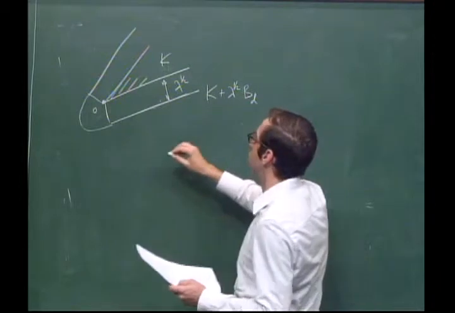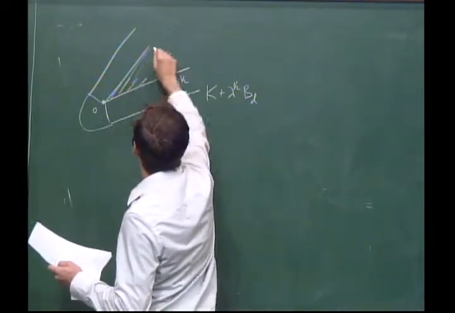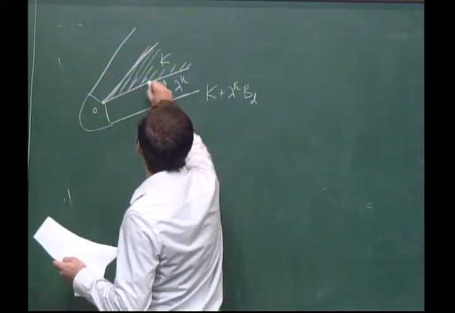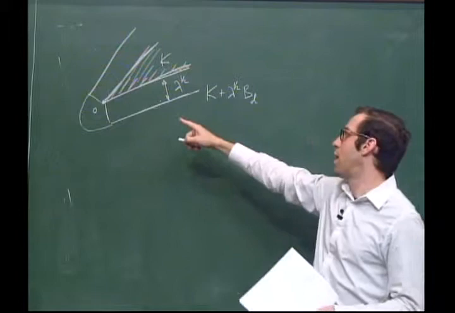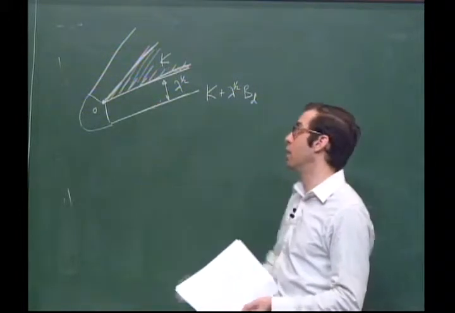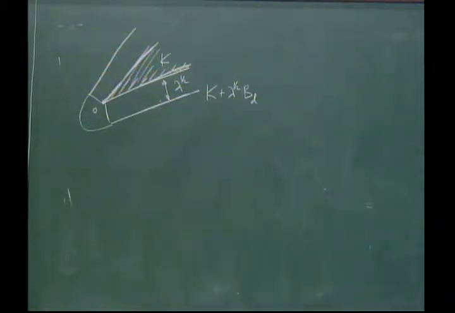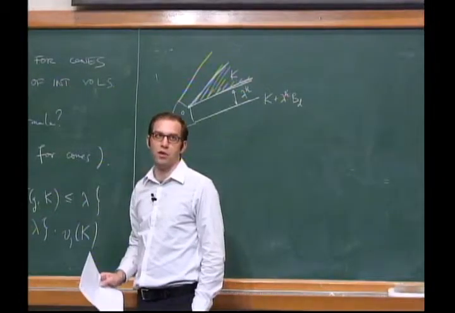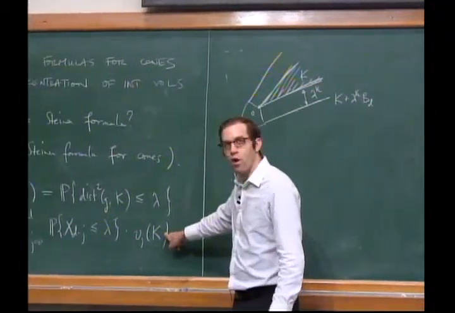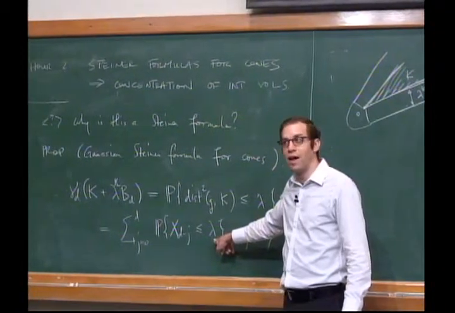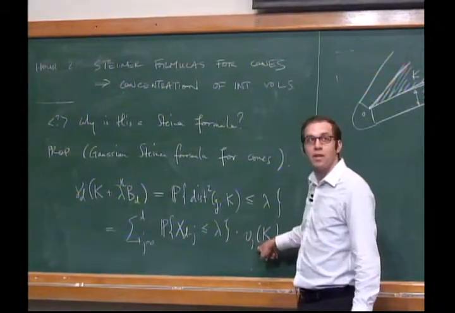So we're going to be looking at this set here, which is the cone inflated in every direction. And we're going to write down a formula for the probability that a Gaussian lies in this parallel set of the cone, its expansion by root lambda. And it says that to determine this, all we need are the intrinsic volumes and the distribution functions of some chi-square variables. And notice the only place the cone plays a role is here through the intrinsic volumes. So we factor this into a function of lambda, the size of the expansion, and some information about the cone.